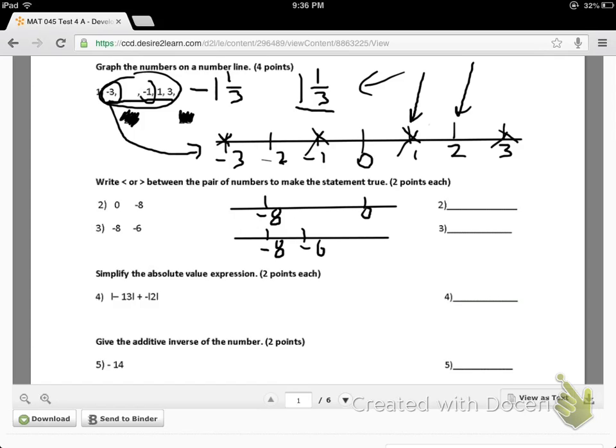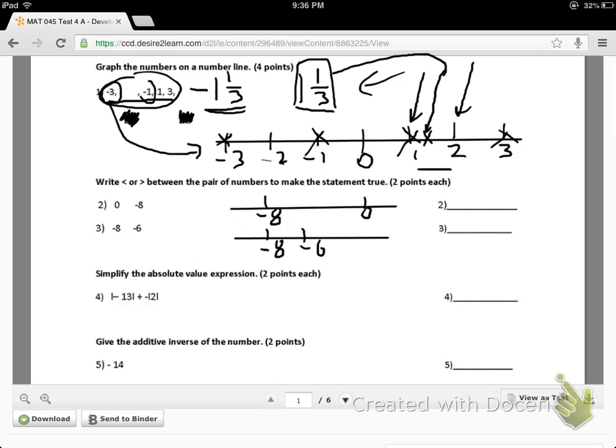Now, 1 and 1/3 is not quite 1.5, so it's less than 1.5, which would be halfway in between 1 and 2. So I'm going to put it about here. This is going to be a rough guess. I'm going to say that 1 and 1/3 is about there, in between 1 and 2, but nearer to the 1.